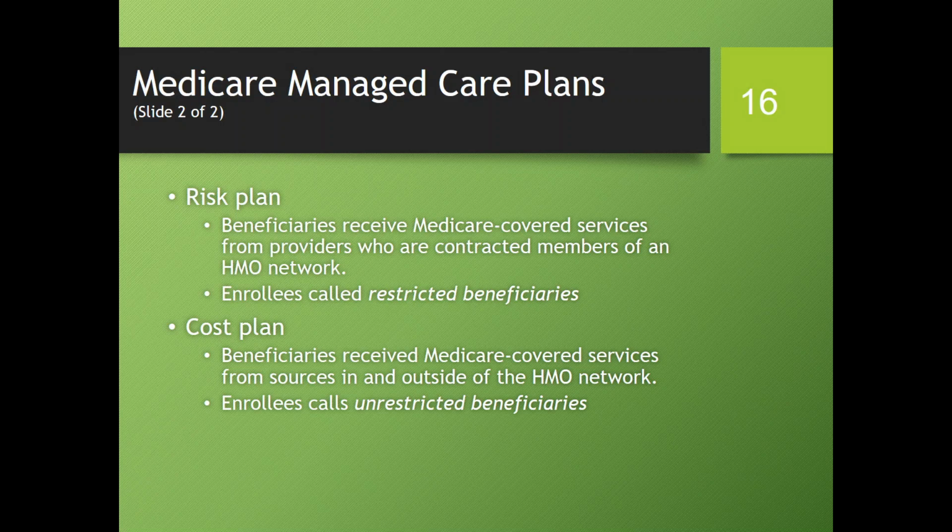As far as the conditions of enrollments in an HMO risk plan go, risk plan beneficiaries only receive Medicare-covered services from providers who are contracted members of the HMO network. The benefits differ from a cost plan because cost plan beneficiaries can receive Medicare-covered services from providers outside of the HMO network.